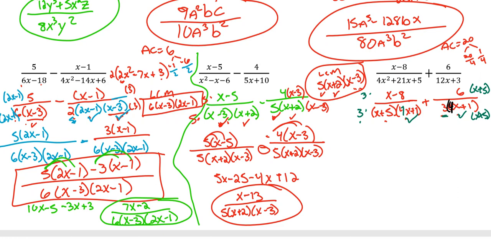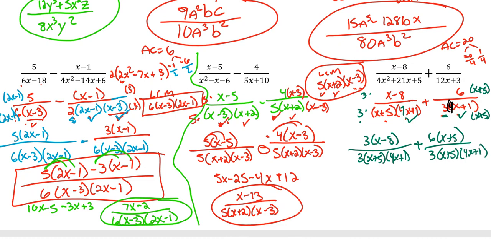All right, so over here I'll have 3x minus 8 over 3 times x plus 5 times 4x plus 1, plus 6 times x plus 5 over 3 times x plus 5 times 4x plus 1.